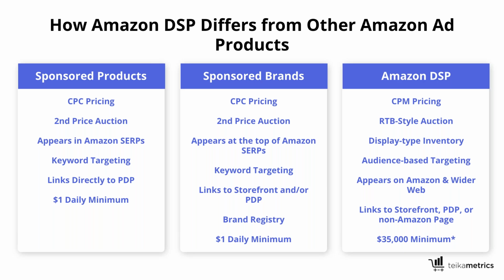Another thing I want to mention here is that it's a CPM pricing. What that means is it's a cost per 1,000 impressions. So our DSP is charging on that impression. And why that's so valuable is it takes about 8 to 10 impressions for a consumer to even click on your ad if they've never seen your brand before.